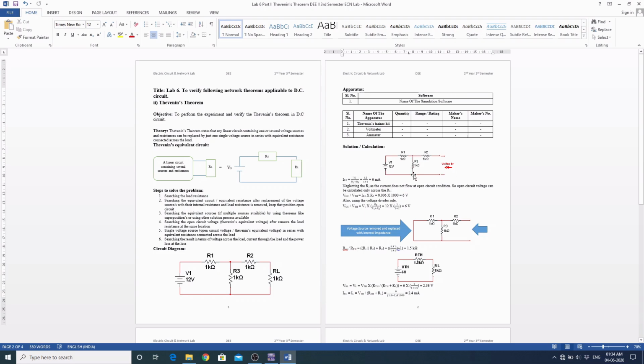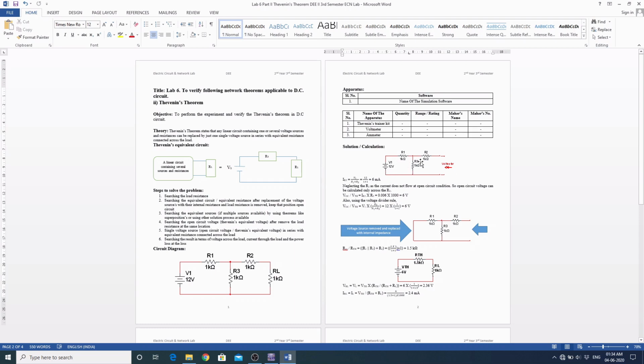The current through R3 is equal to V1 by R1 plus R3. Here I am considering R1 and R3, and R2 is neglected because no current will flow through R2. So R1 and R3 are in series, across V1.